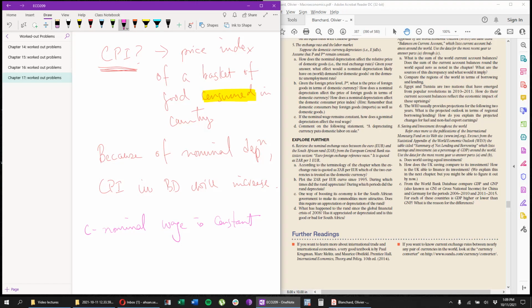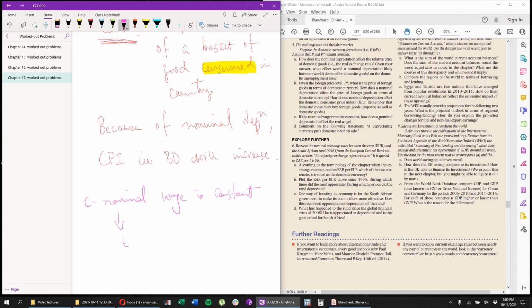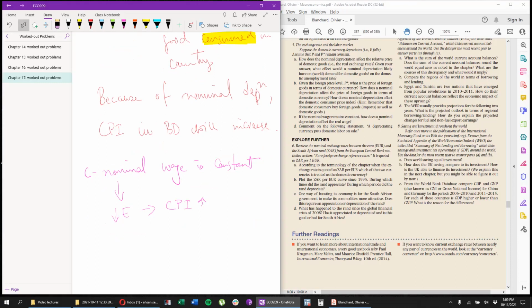Okay, however, what has happened is because there has been a nominal depreciation, CPI has gone up. If CPI is going up, which means that your cost of living is going up, what does that mean? Real wage falls.